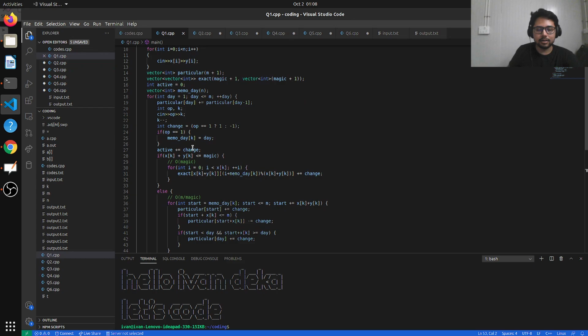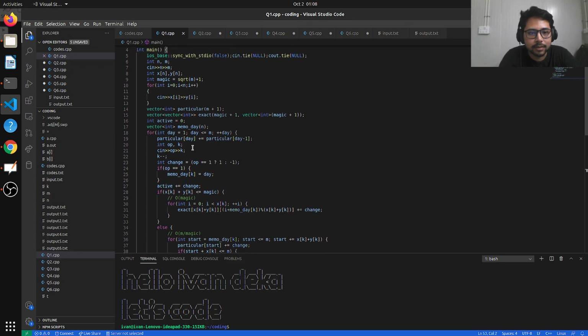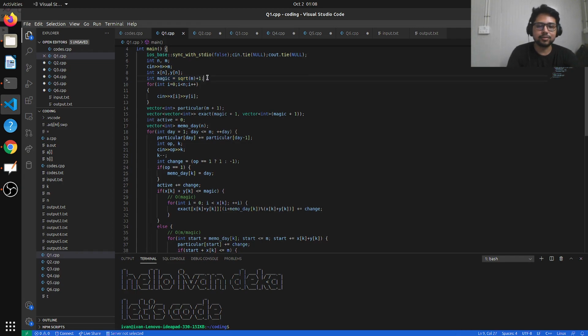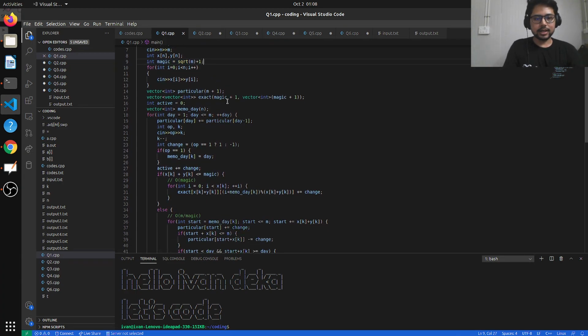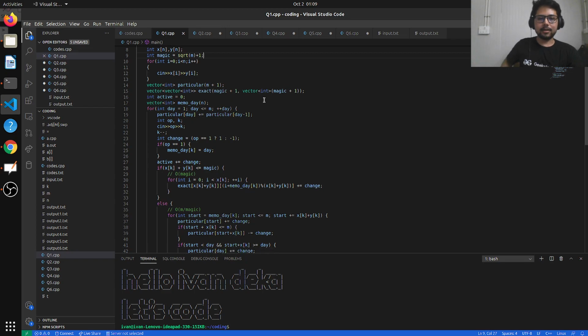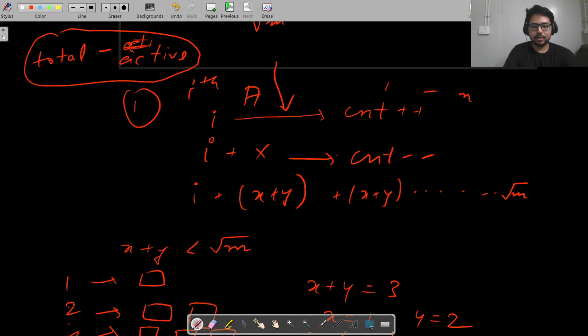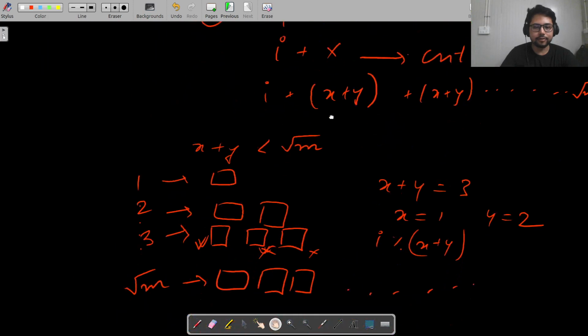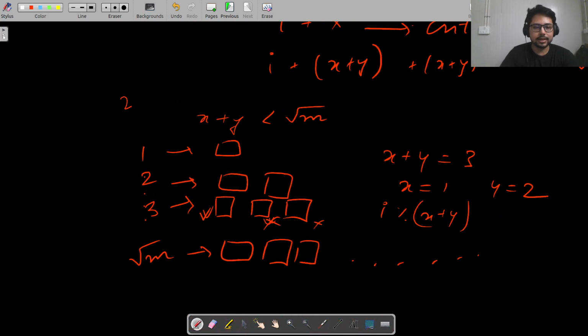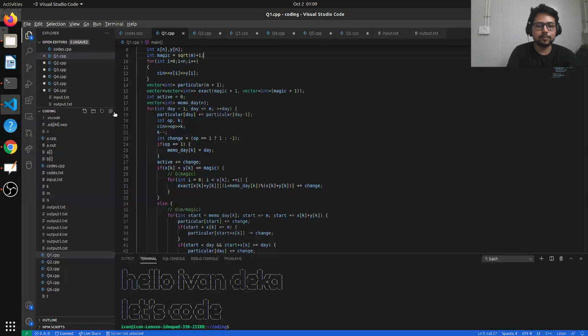And the second is a 2D vector, which is exact. By the way, since we are considering only root m, I have taken the magic number as square root of m plus 1. This exact array will be helpful for us in considering the second case. Now let's see how.